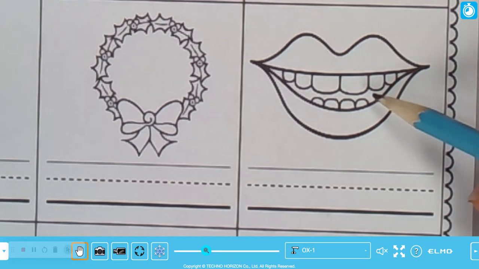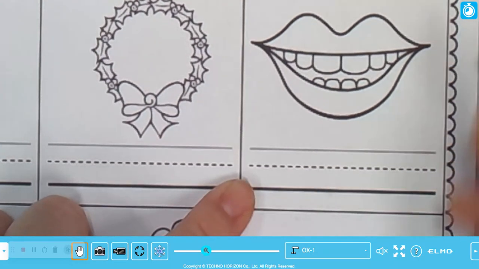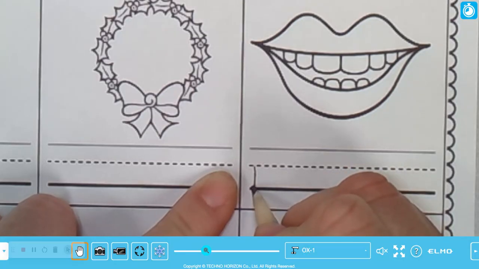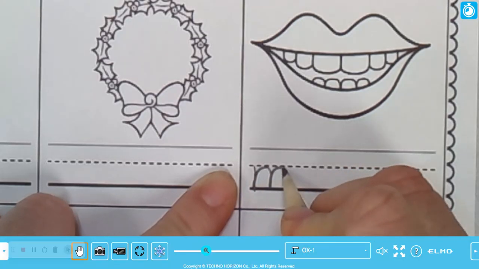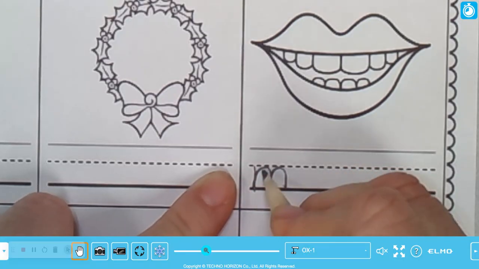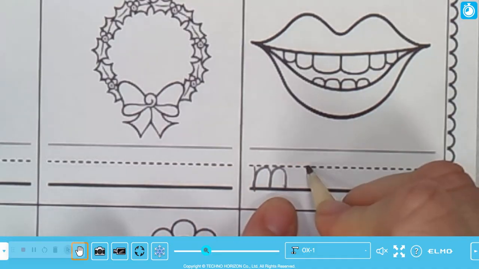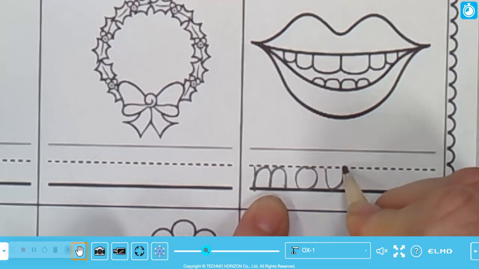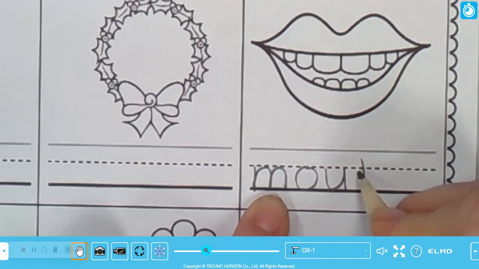Okay, so go over here and see which one of these two shows us mouth. Yep, this one, right? So we're going to write mouth right here. Okay, so we're going to start at the dotted line and write bump, bump, ow, mouth.